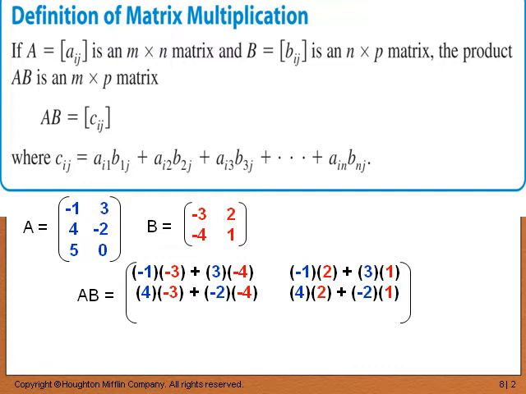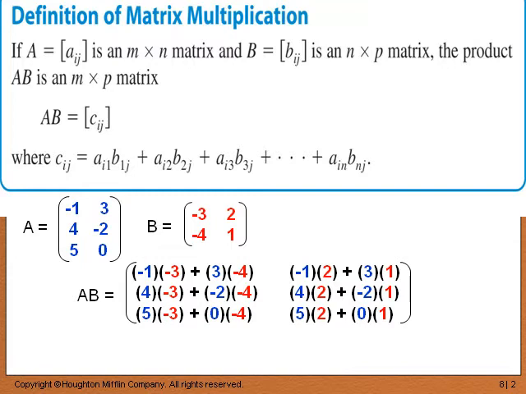Then moving now to the right, we see the numbers 4 times 2 plus -2 times 1. And as you would probably expect, we are using the second row of the left-hand matrix A, and we are using the second column of the right-hand matrix B in order to give us the element that's in the second row and second column of the product matrix AB.